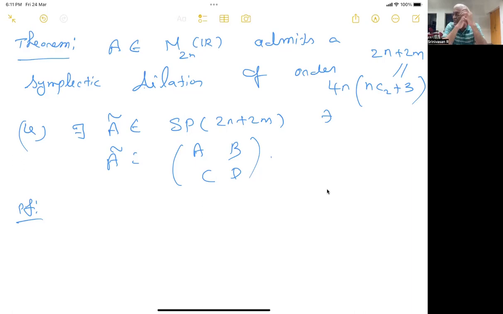And we also proved that any skew symmetric matrix in the form D minus D transpose also has a symplectic dilation. We have proved all that. So we want to use that.